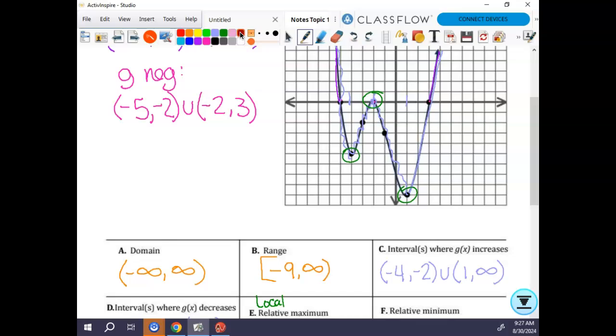Make sense? The absolute maximums and minimums, your turning points, is when the function changes from increasing to decreasing. So the points of inflection, again, think about the cubic that you learned, and I think some of you were taught that that's the point of inflection. That's where it's changing, but the function doesn't change from increasing to decreasing.